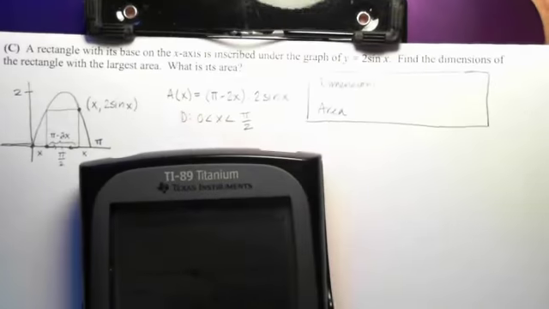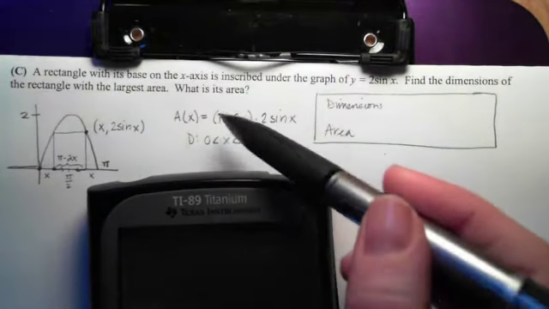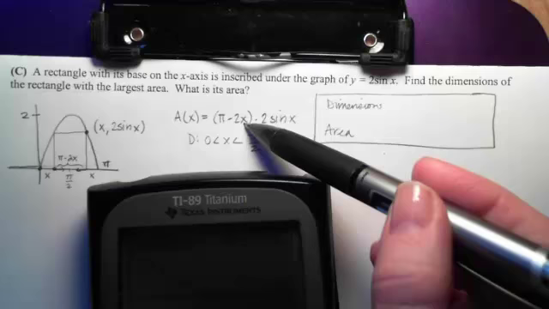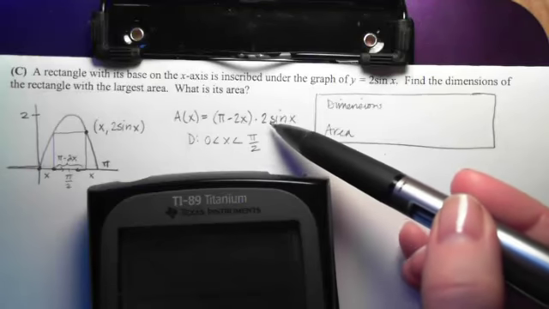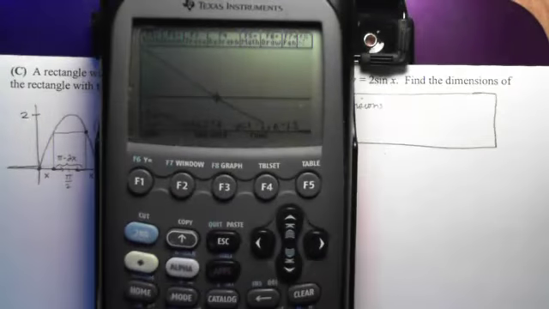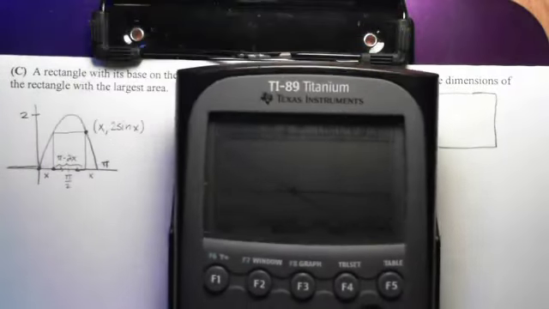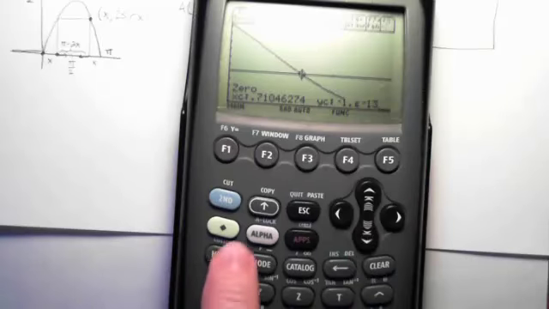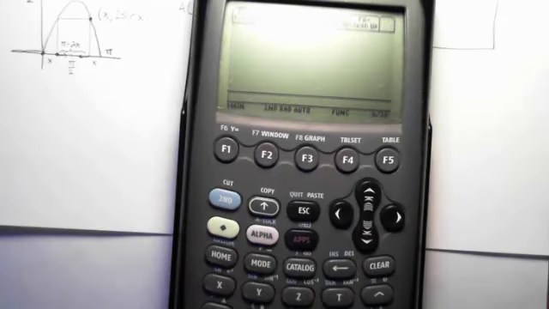Well, the dimensions will be the base, which is pi minus 2xc, and the height, which is 2 times the sine of that 0, or xc. So on the calculator, we'll type in on the home screen pi minus 2 times x alpha c.